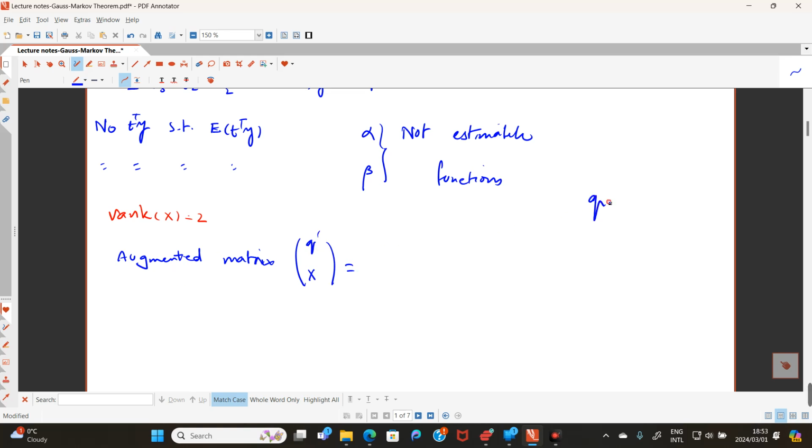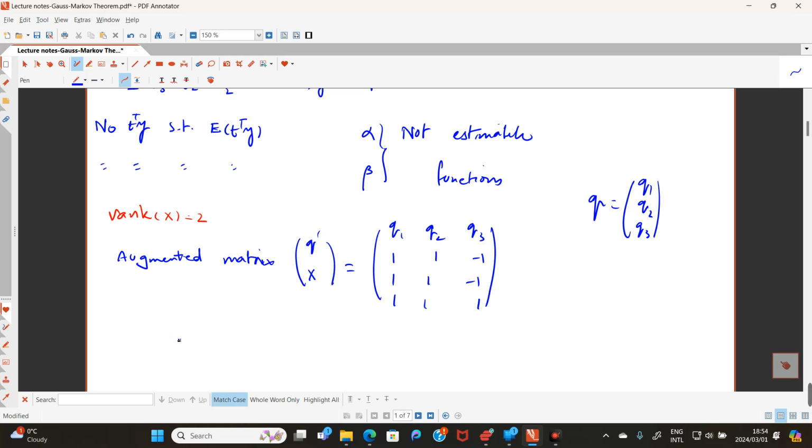So we have q1, q2, q3, since we have three columns. So the augmented matrix is the transpose of this column vector q1, q2, q3, and then you have your design.